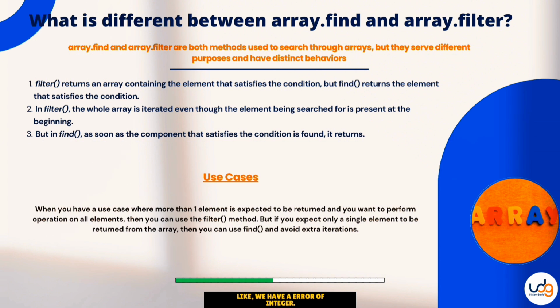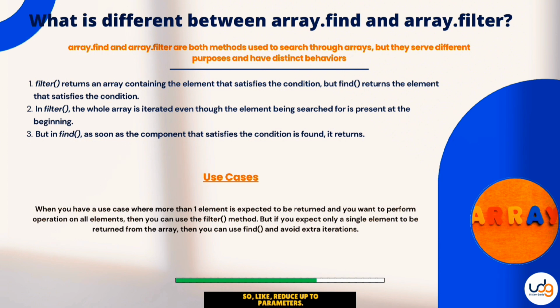We have an array of integers and we want the sum of the whole array. In the end we get a single value. For that kind of thing, we use the reduce method. It reduces the array and returns a single entity at the end.